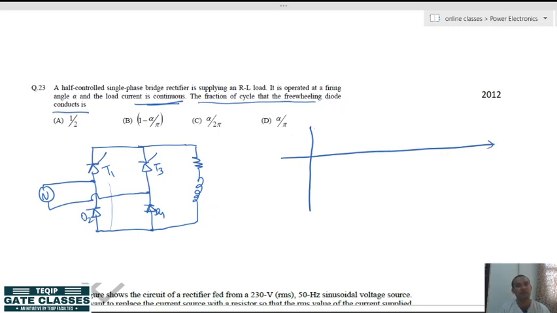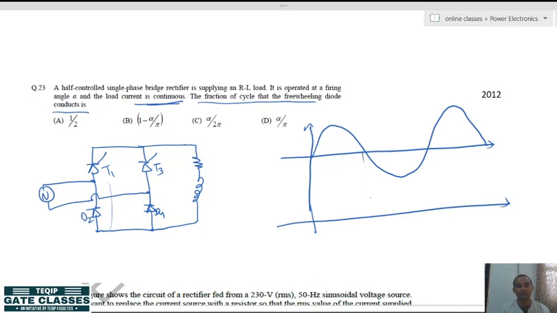Again I am drawing this is the input, and this is 0, pi, 2 pi and so on, and this is the firing angle alpha plus pi.